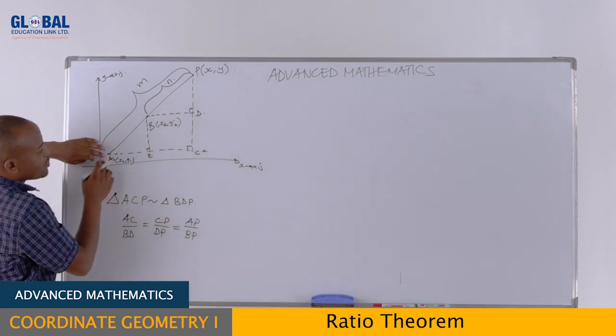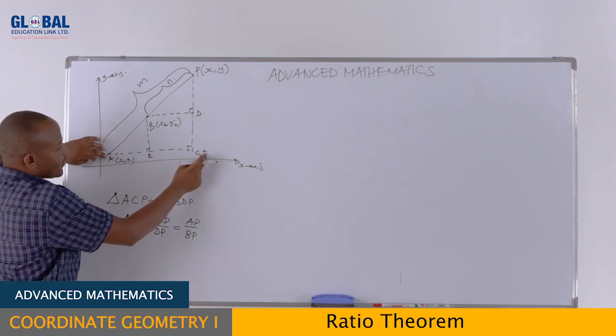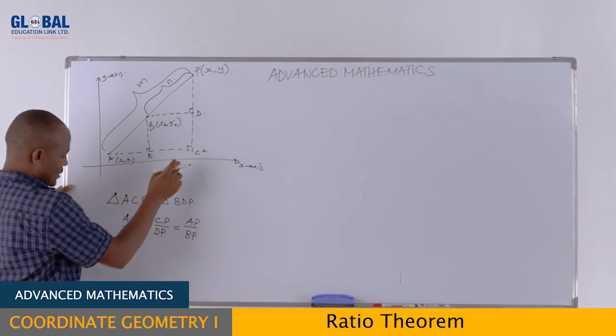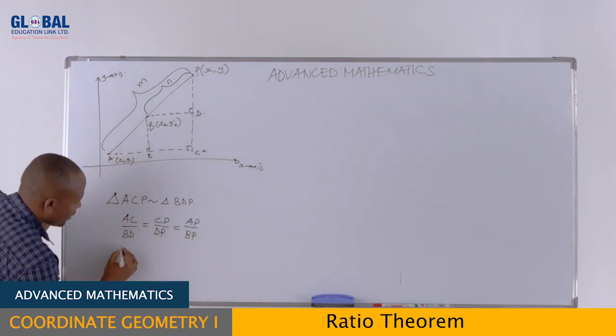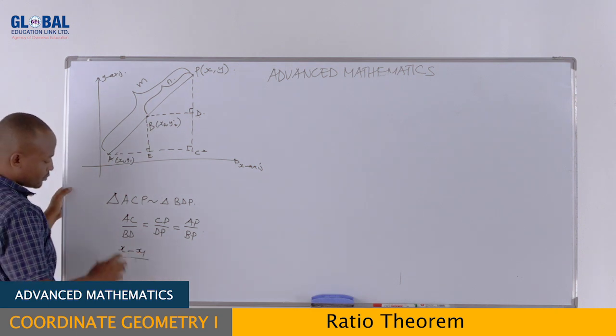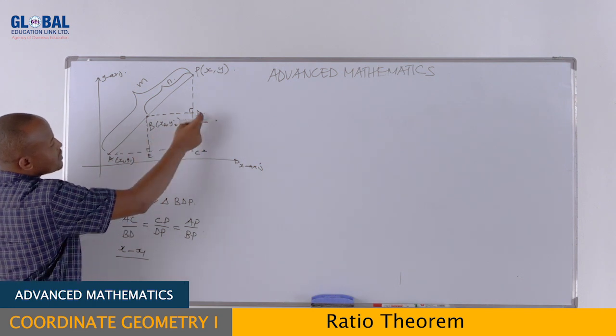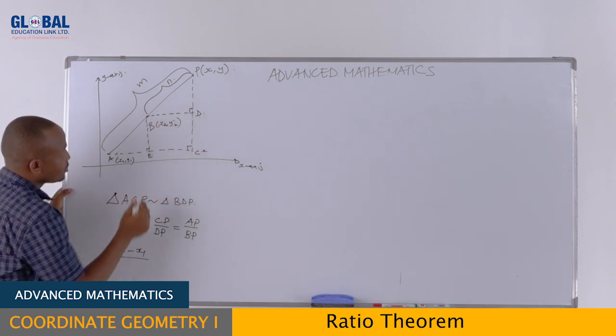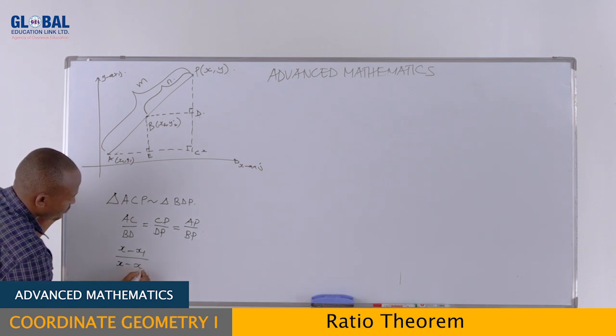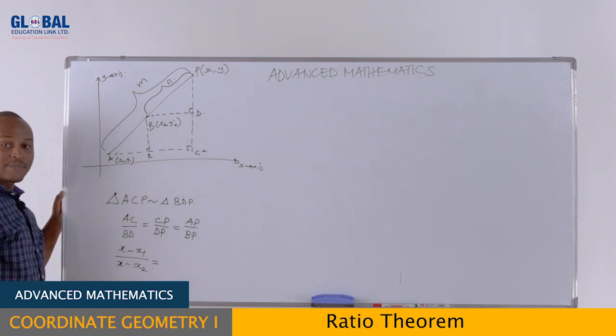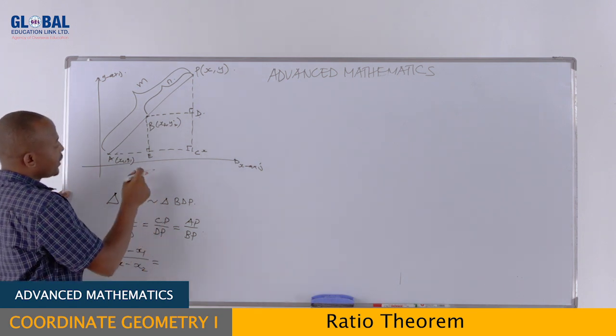AC, that means from that point to that point. And XC minus X1 over BD, that is to say XC minus X2, equals to what? CP. And what is CP?